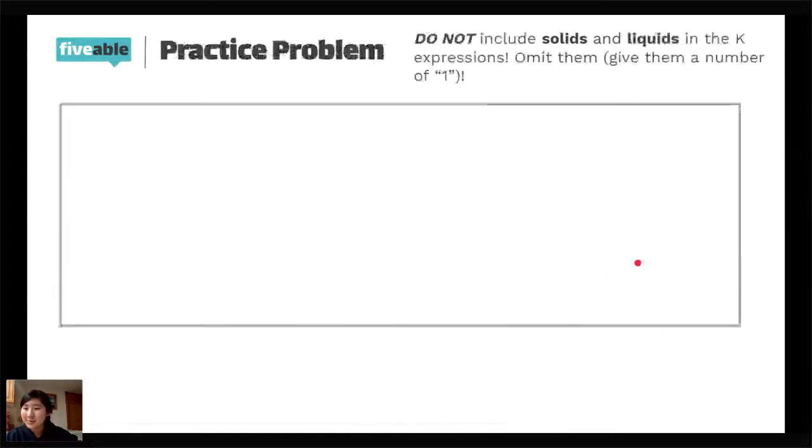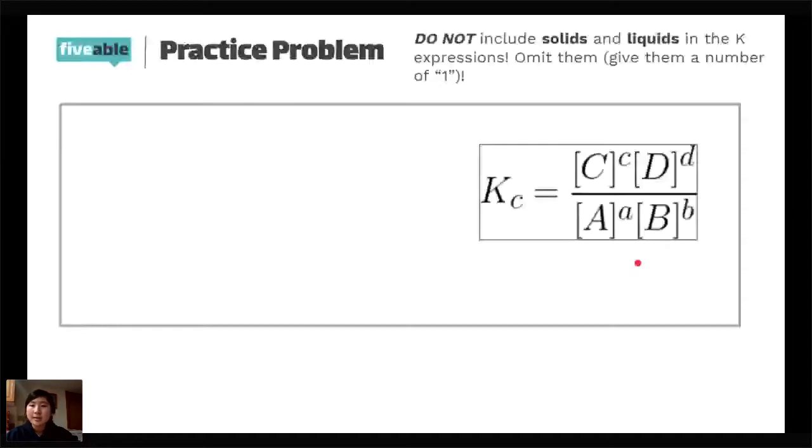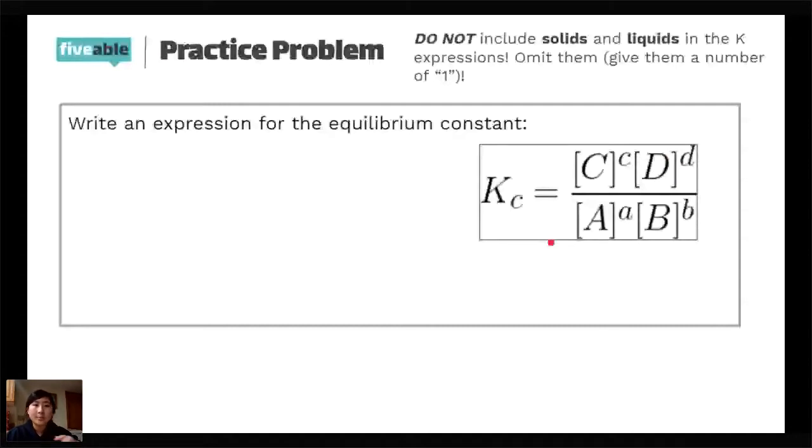Okay, so I'm going to move on and give you guys a practice problem. This is an easy one. This is basically our reference equation that we use, and we're going to write an expression for the equilibrium constant of this reversible reaction.